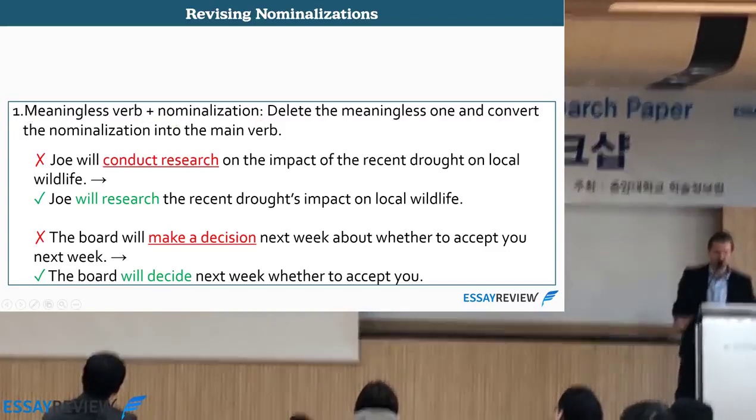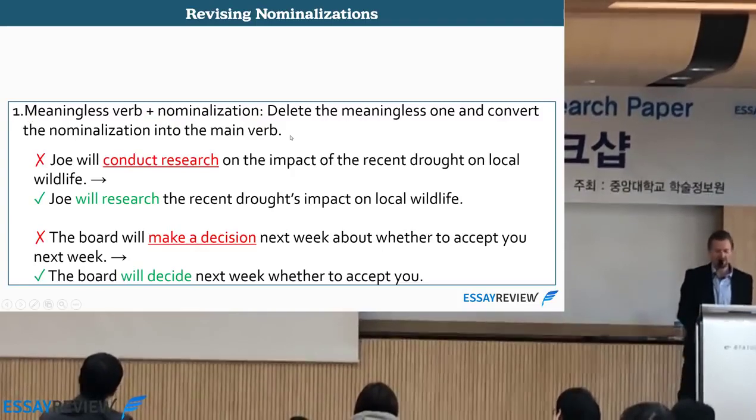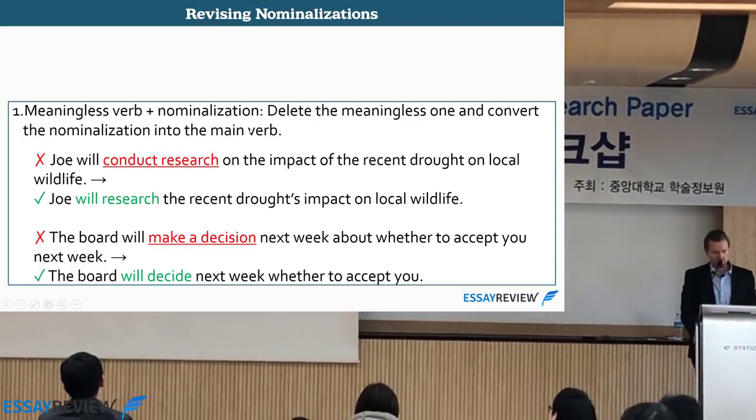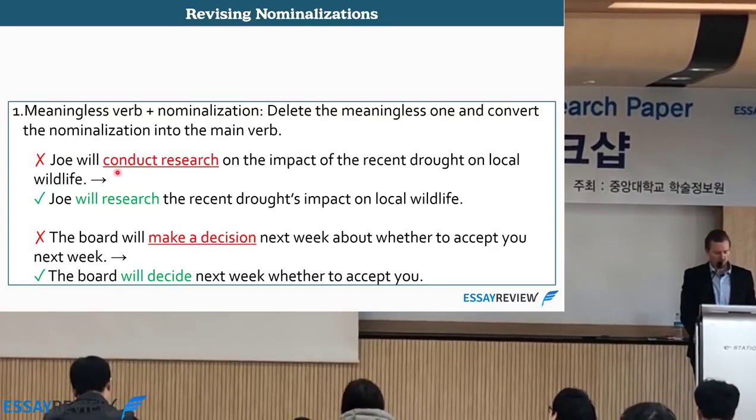So you have extra words, and it's not academic writing. So you want to delete the meaningless verb and convert the nominalization to a main verb. So let's look at this. Instead of Joe will conduct research on the impact, blah, blah, blah, Joe will research the recent drought's impact on local wildlife.